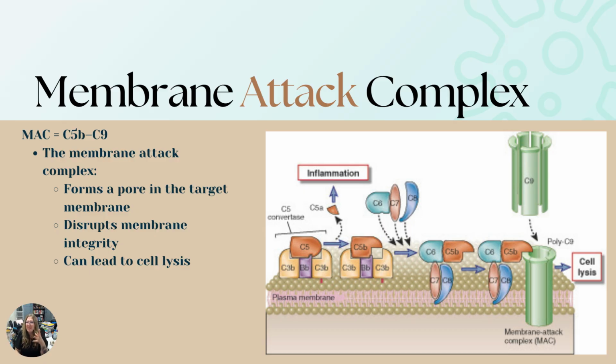So once its membrane integrity is disrupted, the cell can lyse. This is the most traumatic effect of complement. So it's often the one that students remember, but complement does so much more than kill cells, and that's what we'll look at next.